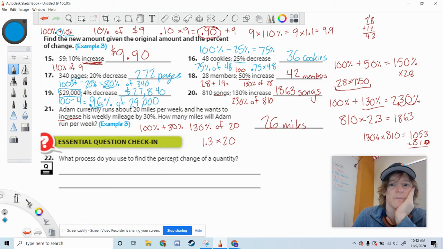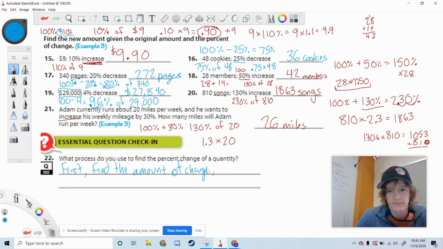For 22, what process do you use to find the percent change of a quantity? So when we looked at, this is from number 1 through 14, what did we do? Well, we first find the amount of change, and then we set that up as a division problem.